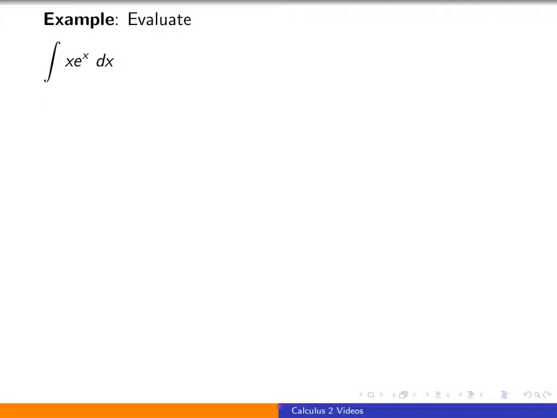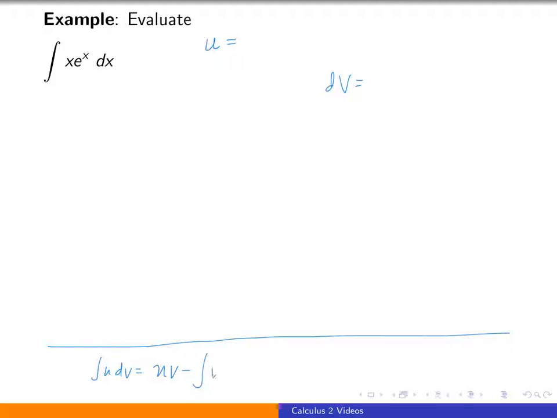So we begin with the indefinite integral of x times e to the x. We're going to go ahead and apply integration by parts. And when we apply integration by parts, what we need to do is come up with a u and a dv. And let me remind you the formula for integration by parts. The integral of u dv is equal to uv minus the integral of v du.